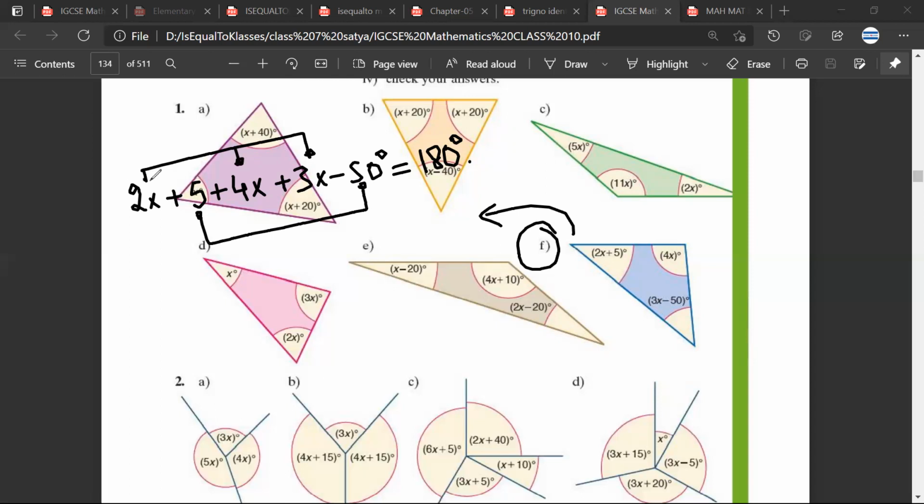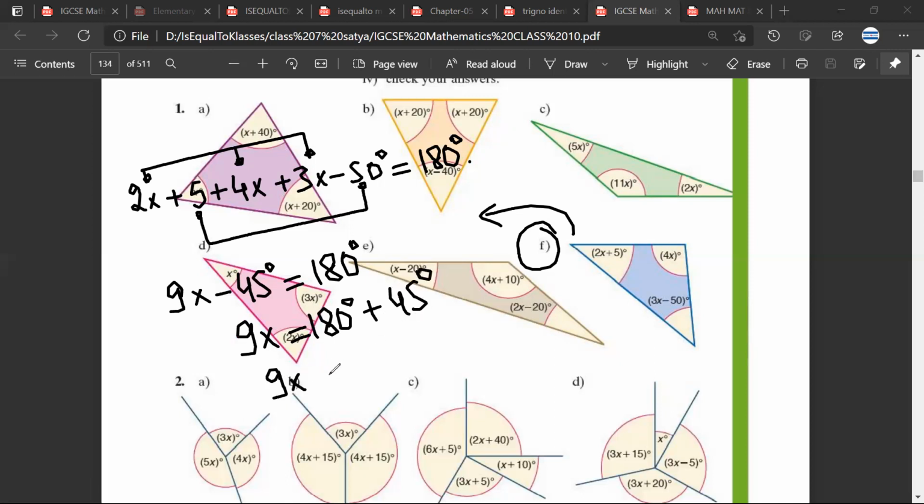So 9x plus minus 50 plus 5 will become minus 45. So 9x minus 45 equals 180. Then we'll add 45 on with 180. Then we'll divide by 9 to get 25. Mr. Satya, any doubt? No.